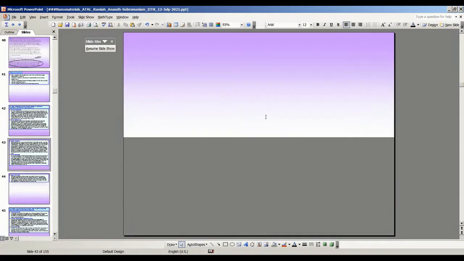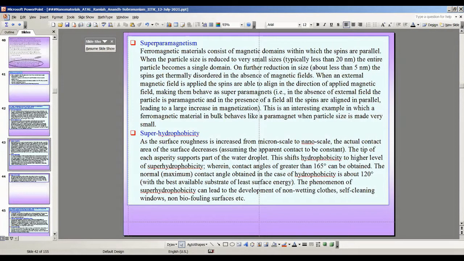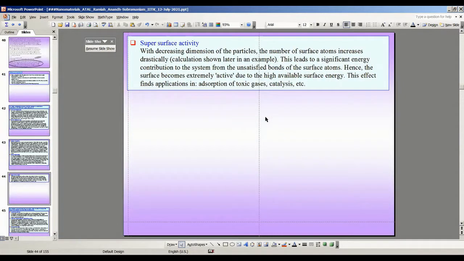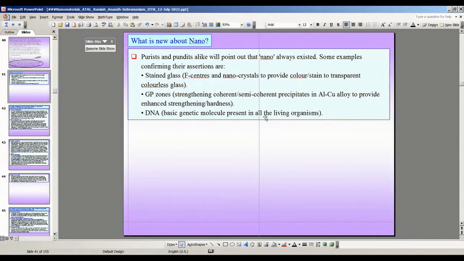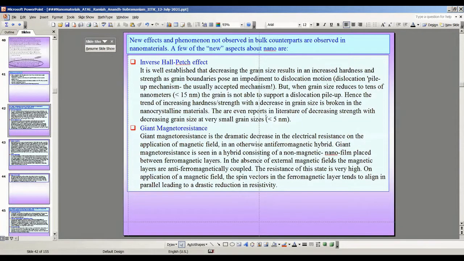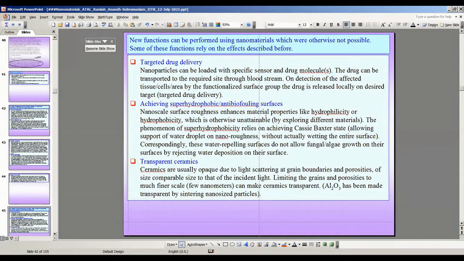And these giant magnetoresistance materials have been made to use as what are called spin valves. And there is also super surface activity. That means that though nanoscale materials have existed in the past, this new emergence of the field has given us new phenomena like inverse Hall-Petch, giant magnetoresistance, super hydrophobicity, etc. And therefore, it forms a worthwhile area of activity.